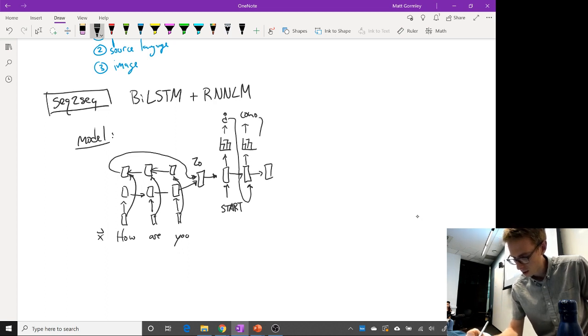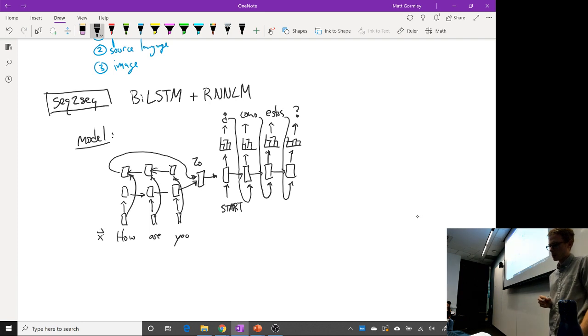And como is fed back in to get another distribution over the vocabulary, from which we predict estás. And finally, we get our last distribution, which yields our last question mark.